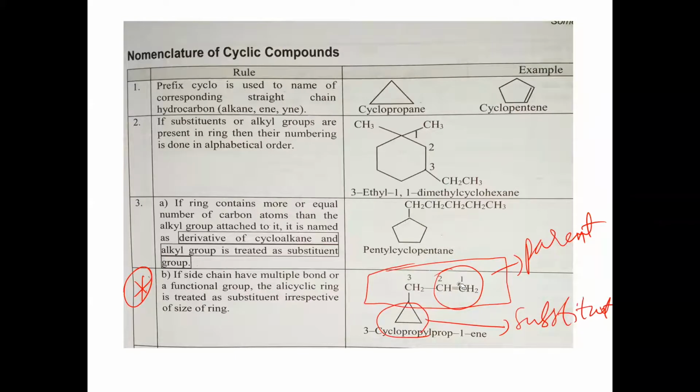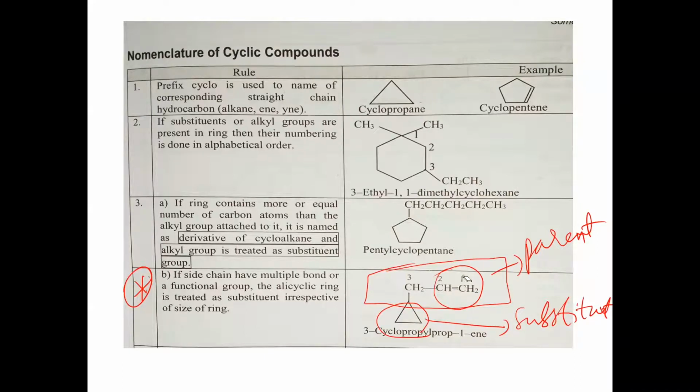That's why numbering should be given in the parent chain in such a way that the double bond gets the lowest number. If you start numbering at 1 here, the double bond is at 2, giving 2-ene.